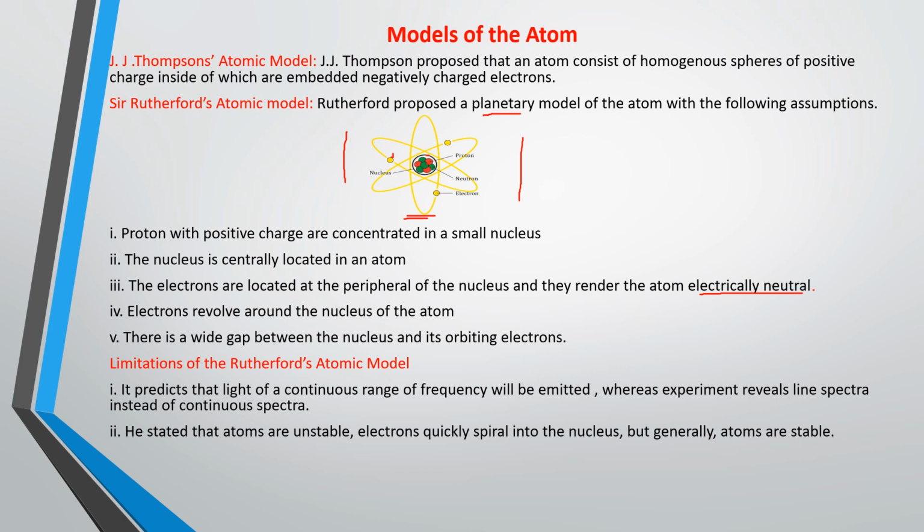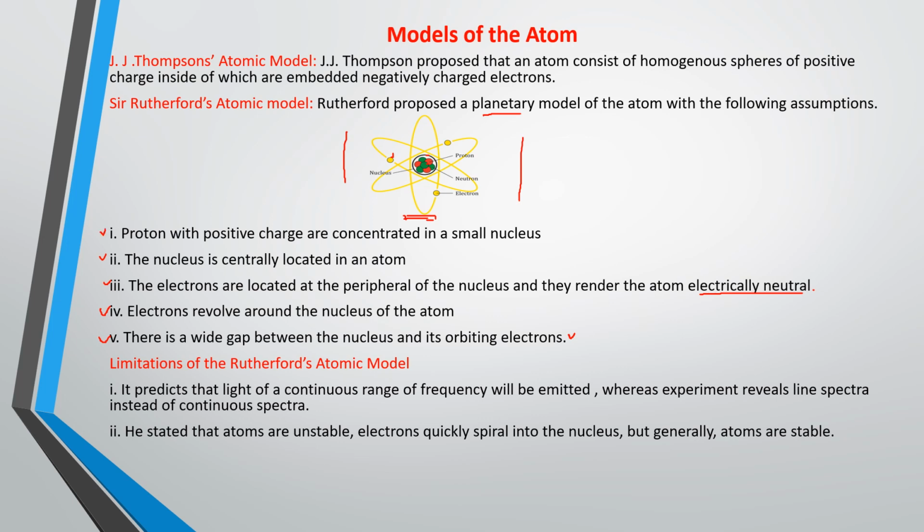Another postulation of this theory is that electrons revolve around the nucleus of the atom. Another one is that there is a wide gap between the nucleus and its orbiting electrons. So these are some of the postulates of Sir Rutherford.